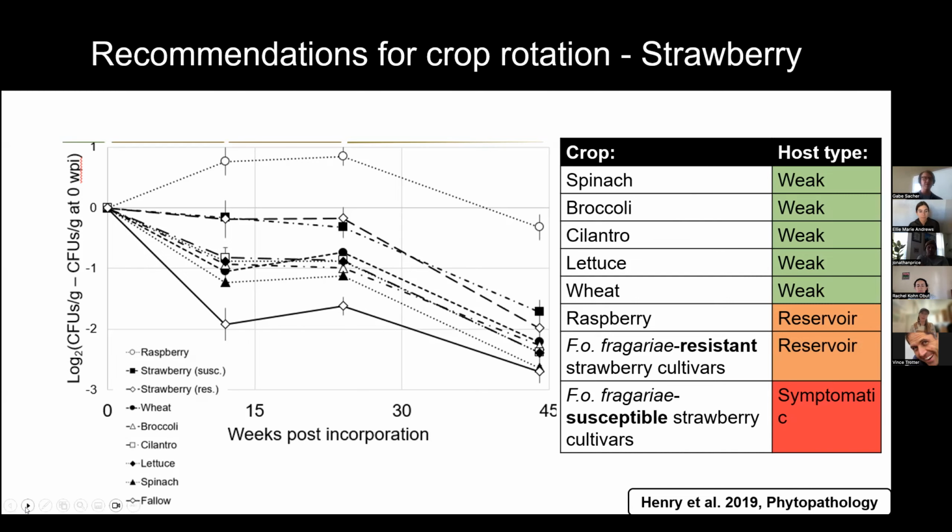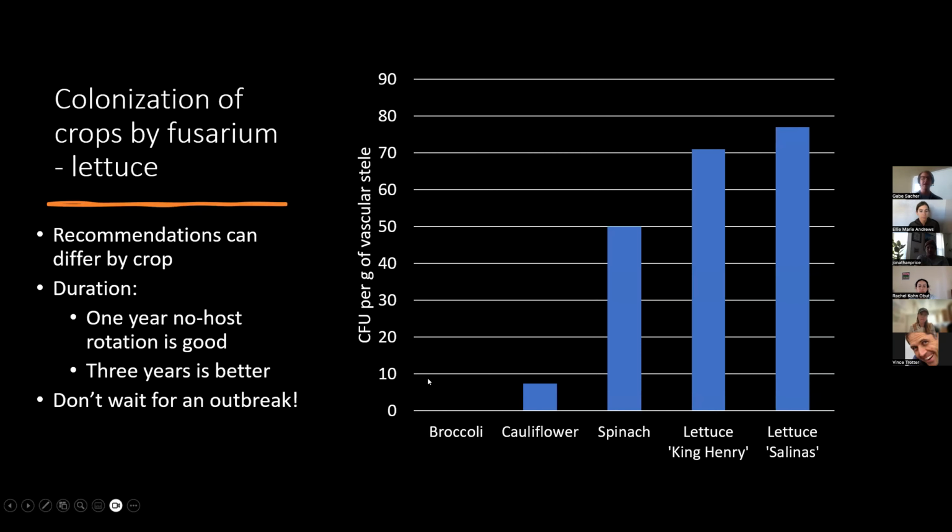And then here's an example with lettuce. Again, most of the crops they tested were okay versus lettuce. But interestingly, spinach had a high rate of Fusarium colonization, which was the opposite of the strawberry list, where spinach didn't show this effect. So again, it's very crop and Fusarium dependent.